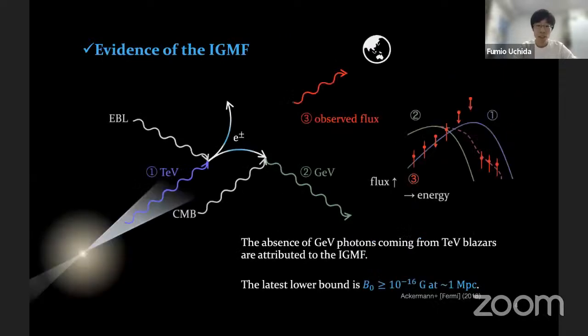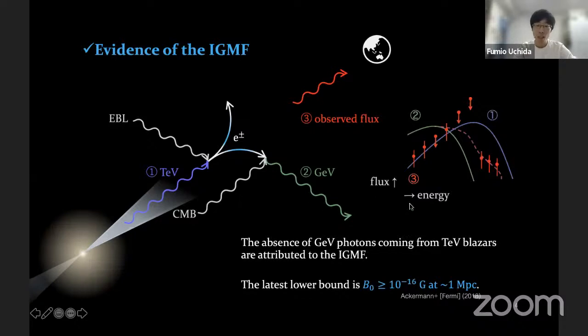Before talking about what is interesting about the IGMF, let me shortly explain the observational side. I mean, how one can be convinced about the existence of the IGMF. Suppose that we are here and looking at a blazar which emits TeV photons along the line of sight. In that case, some cascading process inside the voids occurs and secondary GeV photons are produced.